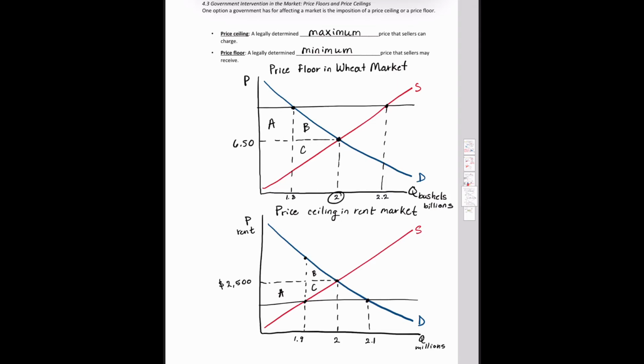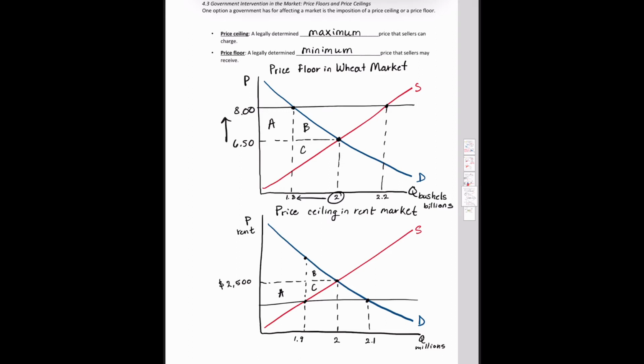If wheat farmers convince the government to impose a price floor of $8 a bushel, quantity traded is going to fall to 1.8. So at price $8 here, we have a price floor, and the quantity traded is going to fall.